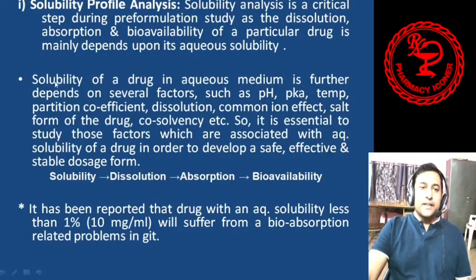So first one is solubility profile analysis. Solubility analysis is a critical step during pre-formulation study, as the dissolution, absorption and bioavailability of a particular drug mainly depend upon its aqueous solubility.